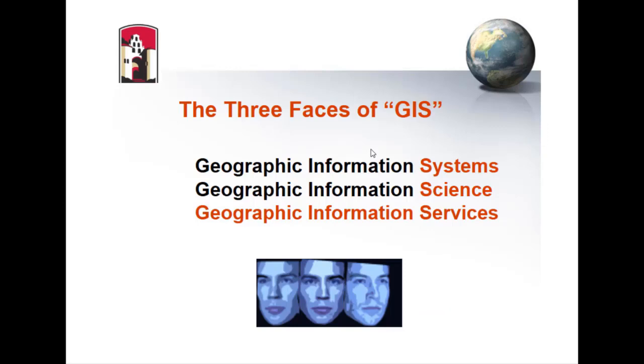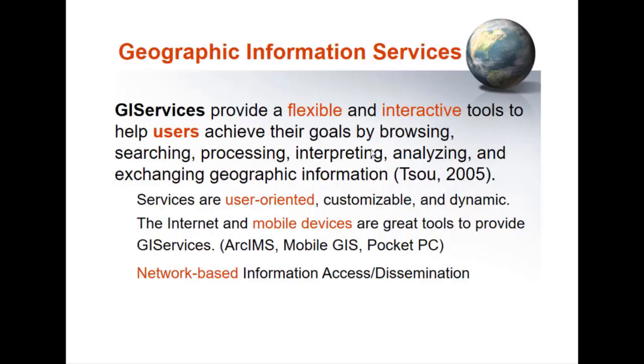The three phases of GIS: Geographic Information System, Science and Services. GIS services provide a flexible and interactive tool to help users achieve their goals by browsing, searching, processing, interpreting, analyzing and exchanging geographic information.